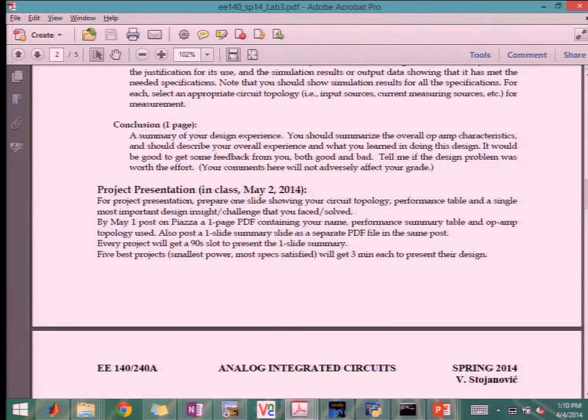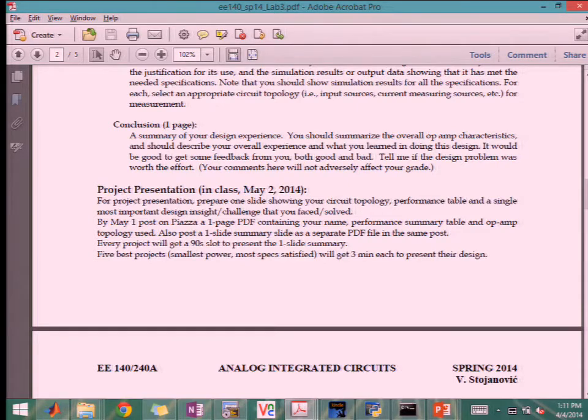That's not the time by which your project report is due. This is the time by which you have to finish all your design and be able to present the spec sheet together with the topology. And then you'll have, I think, till the 7th to turn in your project report.